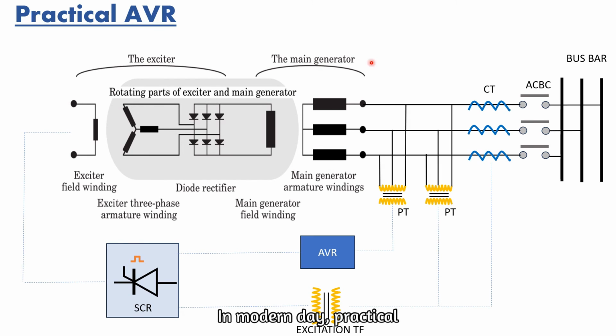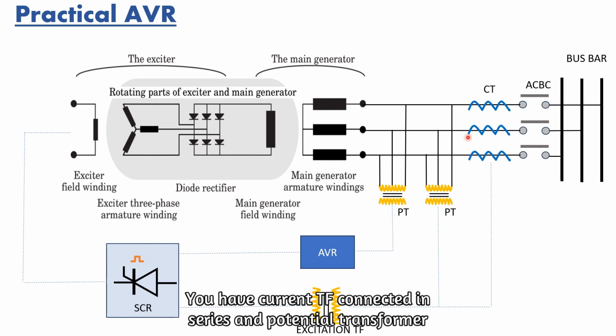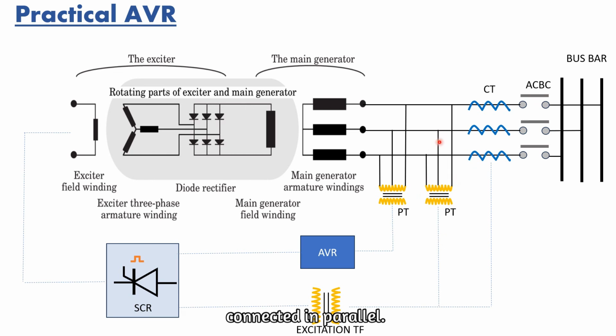In modern day, a practical generator system is of this arrangement. This is your alternator, stator, rotor, and excitation windings, brushless excitation system. You have a current transformer connected in series and a potential transformer connected in parallel.